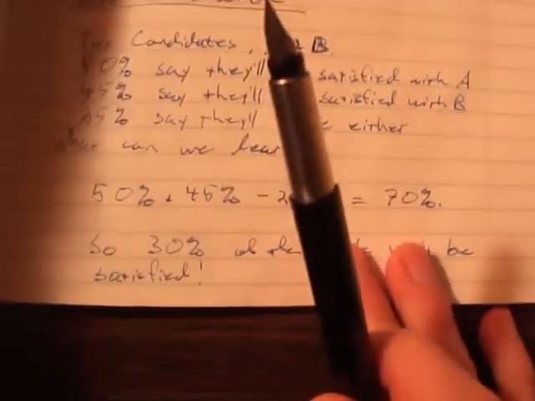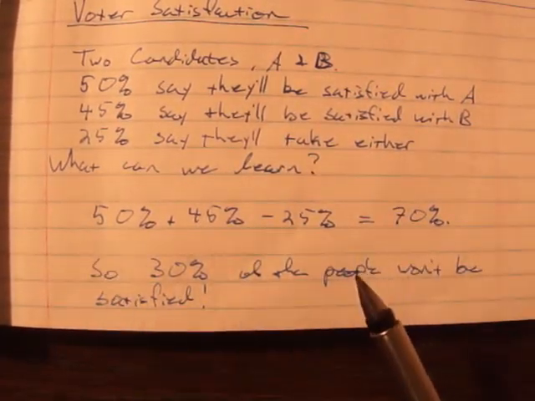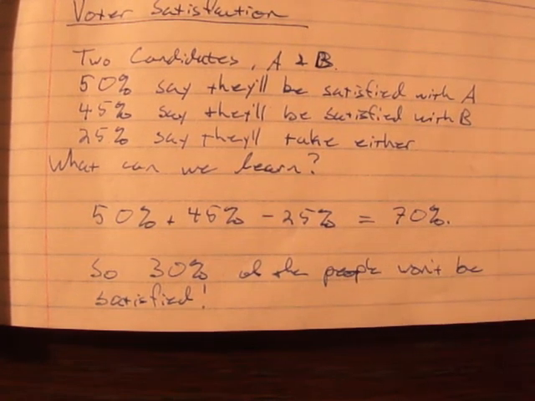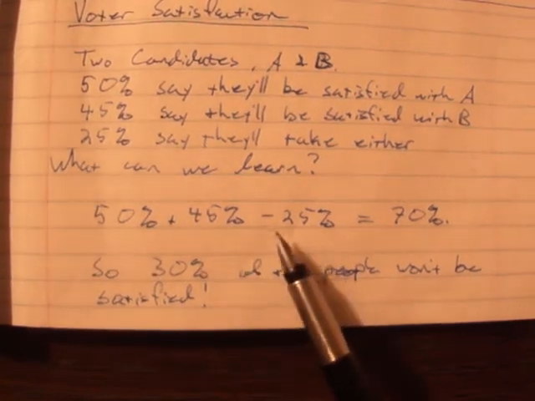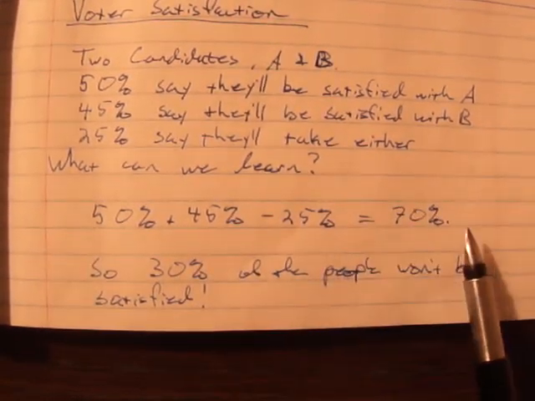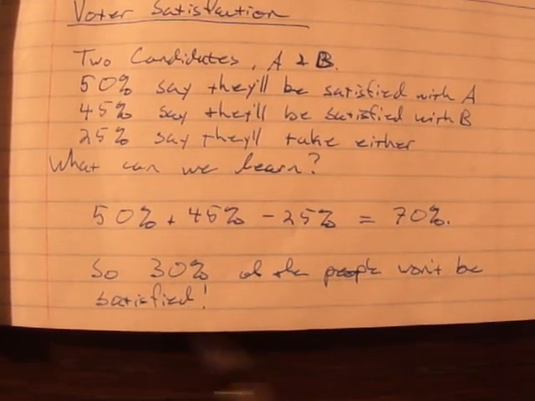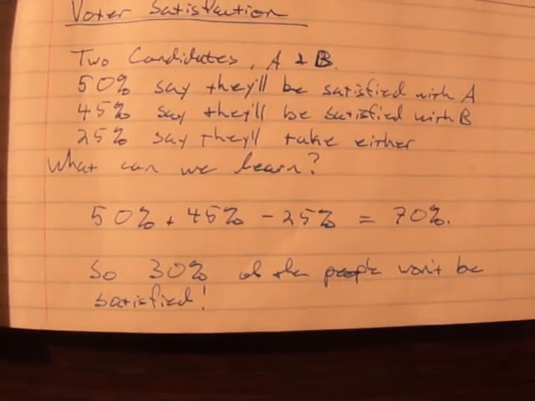The cardinality of the union of A and B represents the total number of people out of 100 that will be satisfied at the end of the election. So in this case, it's 50% plus 45% minus 25% is 70%. So what that really means is that 30% of the people won't be satisfied no matter what happens. And that's something to keep in mind when you're thinking about elections and polls.